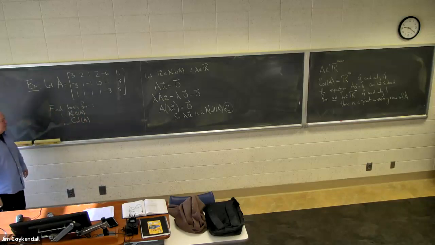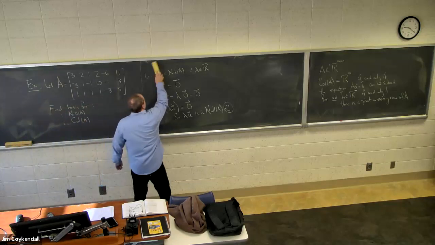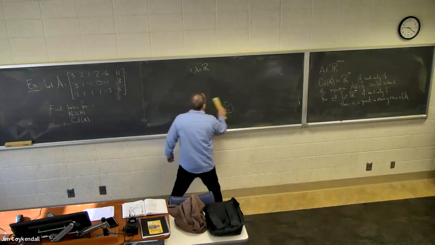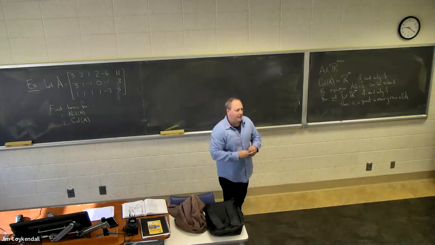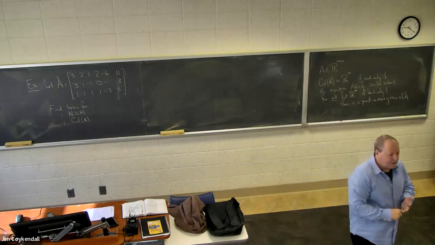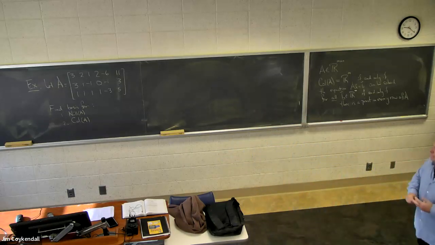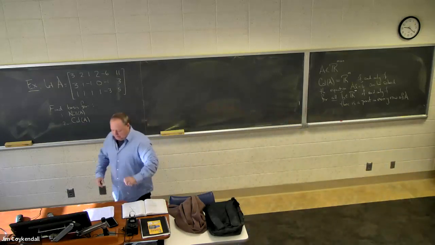This is an important thing that you need to take away from this class. So make sure that we do this right. Okay, I want to find a basis for null A and the column space. By the way, this is one of the great things in math about checking yourself. What do you expect to get?